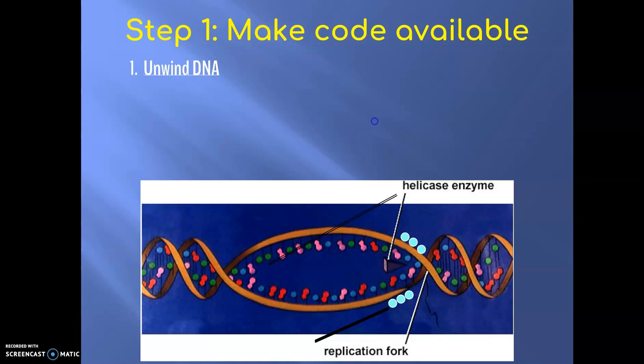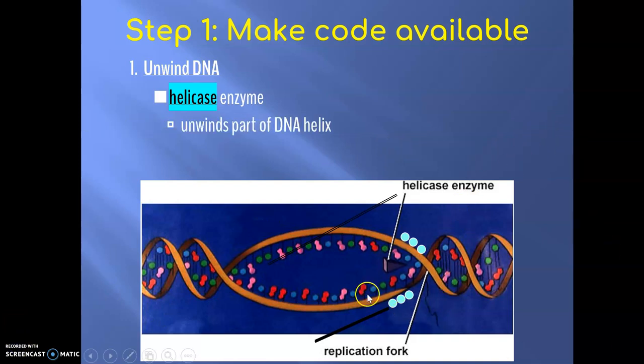To unwind the DNA, we have the helicase enzyme, which comes in and unwinds part of the DNA helix. It is stabilized by a single strand binding protein. This helicase enzyme separates the helix into two, so that we can start replicating.